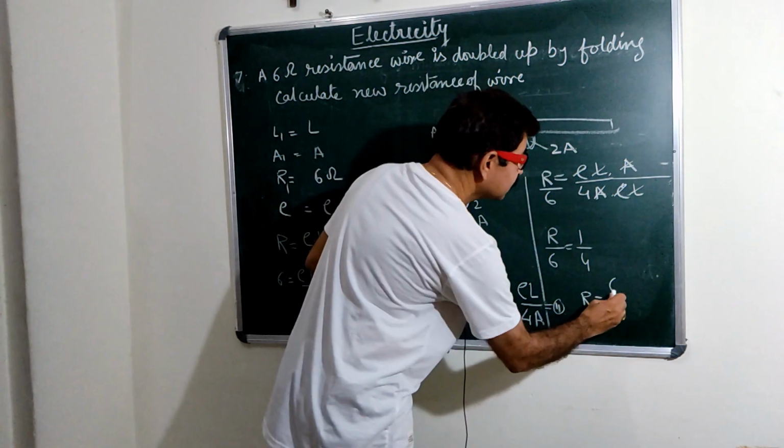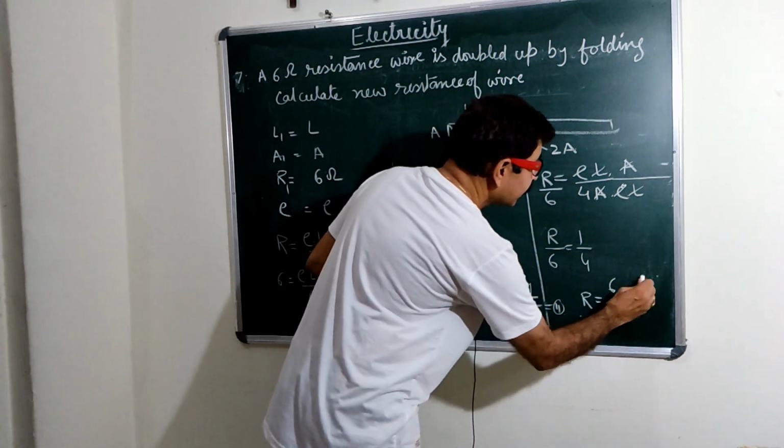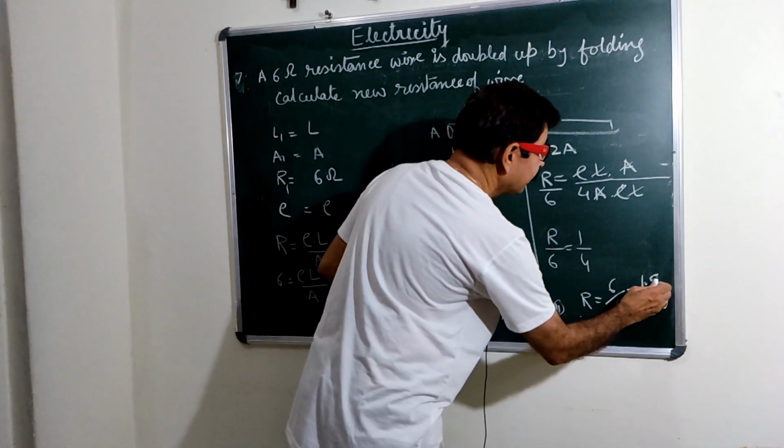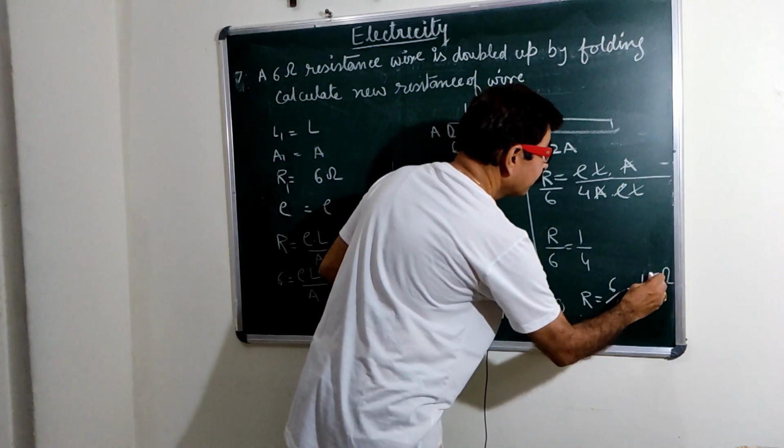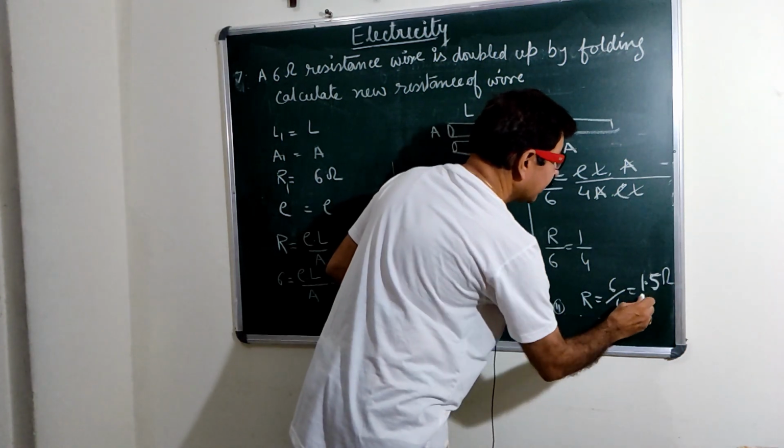R will be 6 upon 4, that is 1.5 ohm. This will be answer 1.5 ohm.